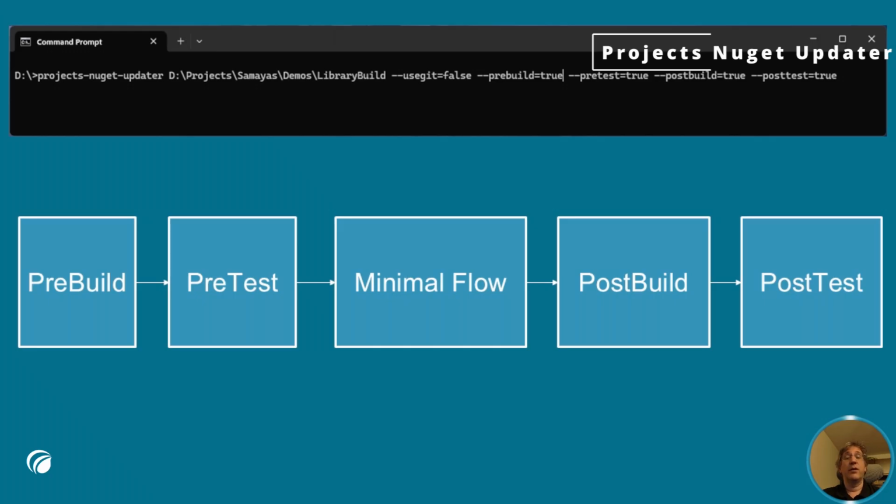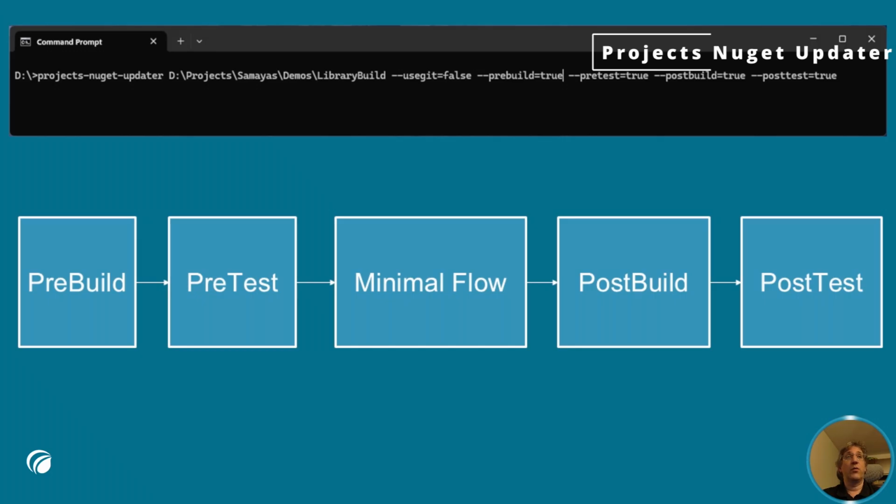The next step, we do a pre-test or we run .NET test. If all our tests succeed, we continue. If a test fails, again, the process stops, and it's probably wiser to first try to fix why the build is not working and/or why a unit test is not working anymore before trying to update packages. If our pre-build and pre-test are successful, we will run our minimal flow, which will try to update all necessary packages.